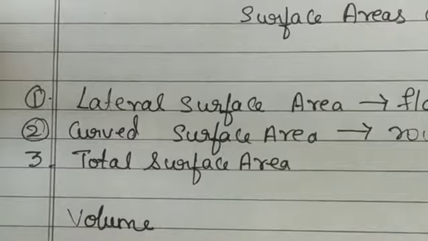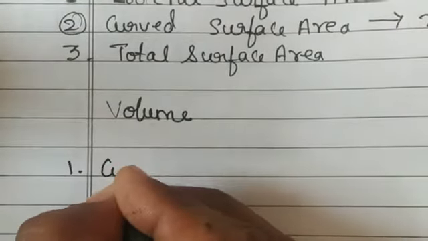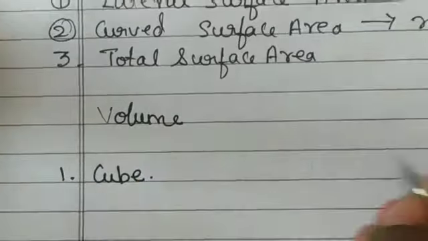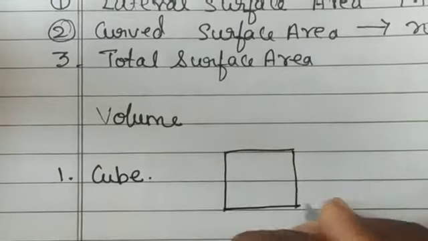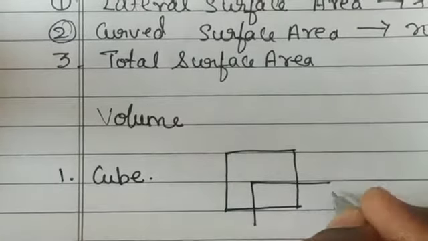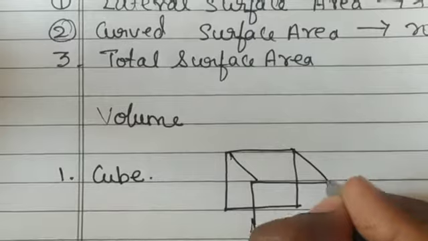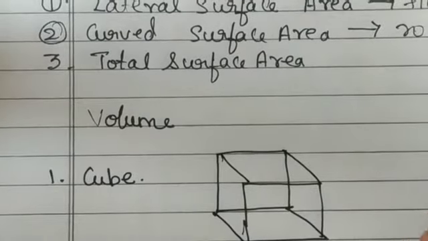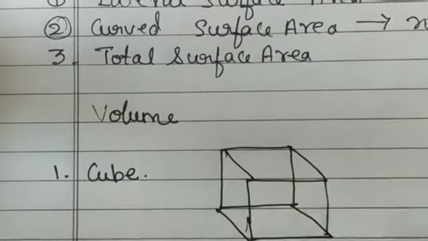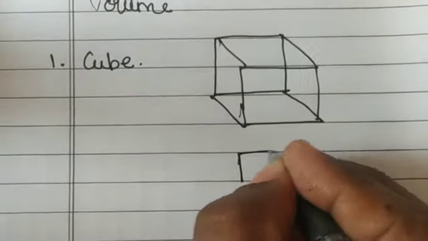So first we are going to learn about the cube. You have seen the cube. All the sides of the cube are equal, and the cube looks like a square.